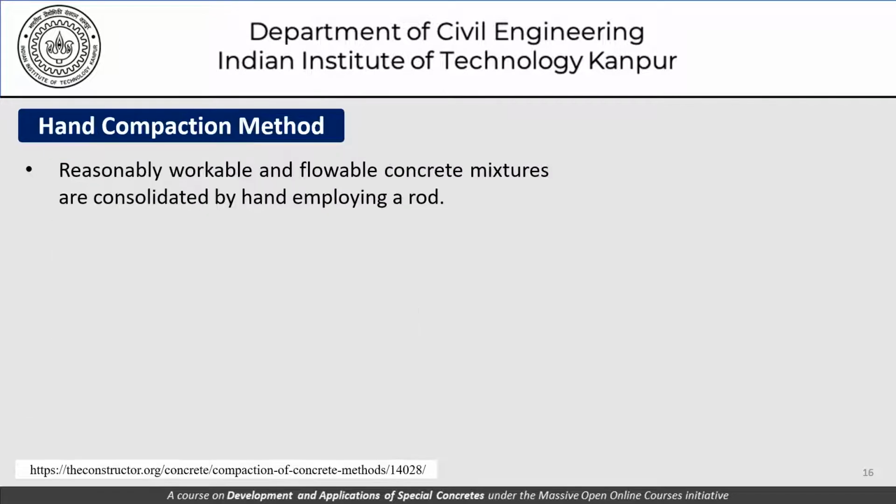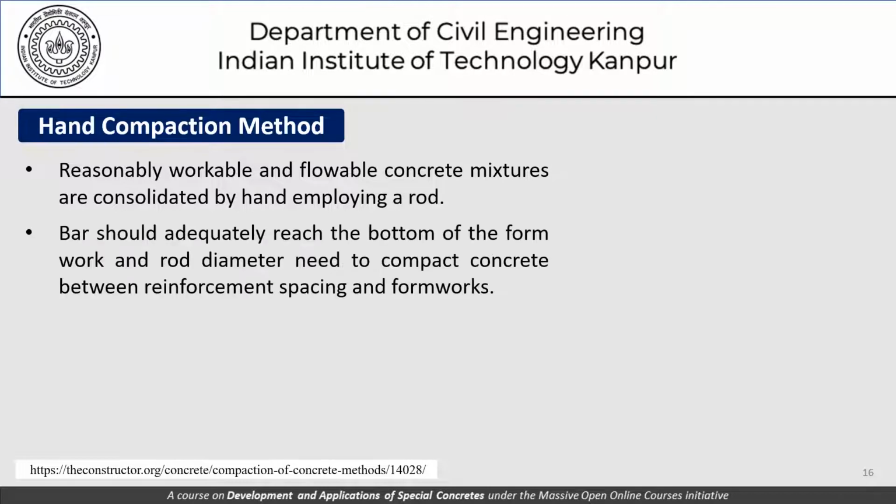As far as hand compaction is concerned, it requires reasonably workable and flowable concrete mixtures. Only these can be consolidated by hand employing a poking rod. The bar should adequately reach the bottom of the formwork, and the rod diameter be chosen such that the concrete between the reinforcement spacing and the formwork can also be compacted.